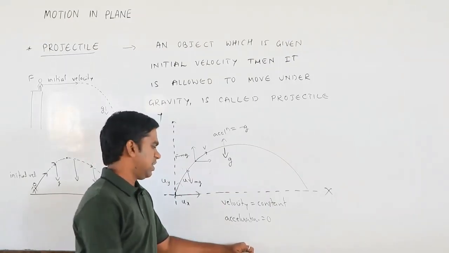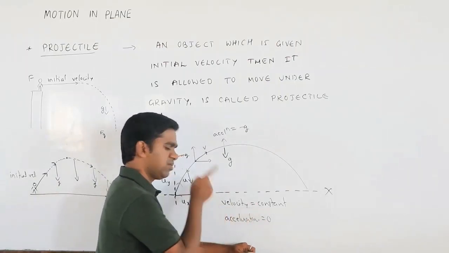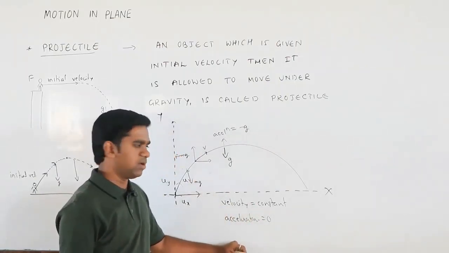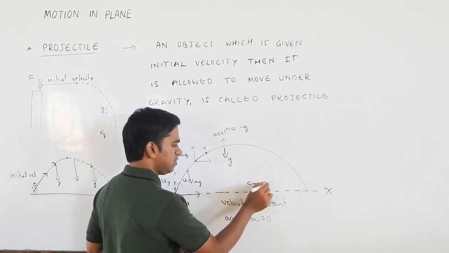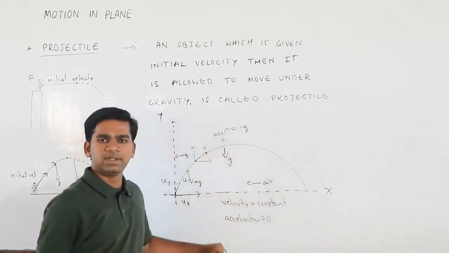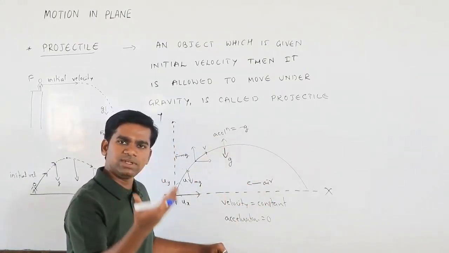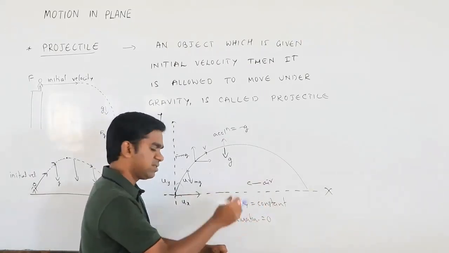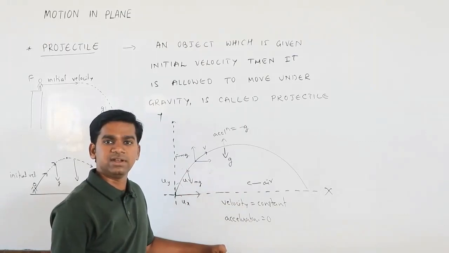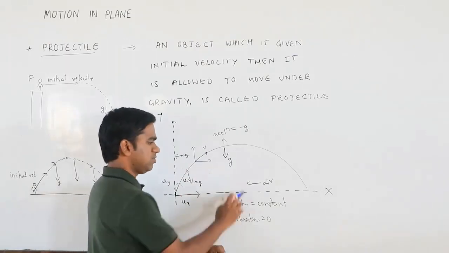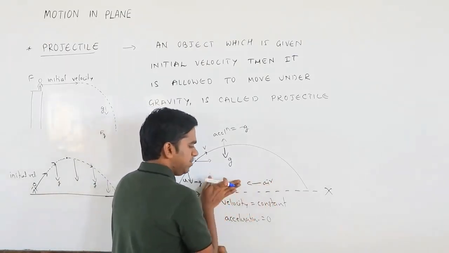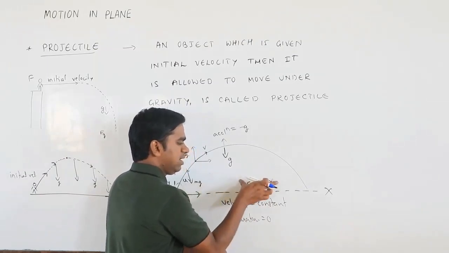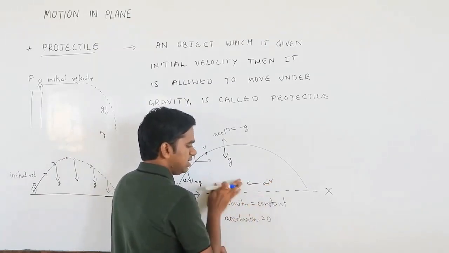Then you can ask me, how can we take velocity constant here? Velocity will not be constant because some air resistance is there which opposes the motion of the object. When it opposes the motion, velocity will decrease. That means there is some acceleration or retardation. Even though practically it is there, we are taking velocity constant.